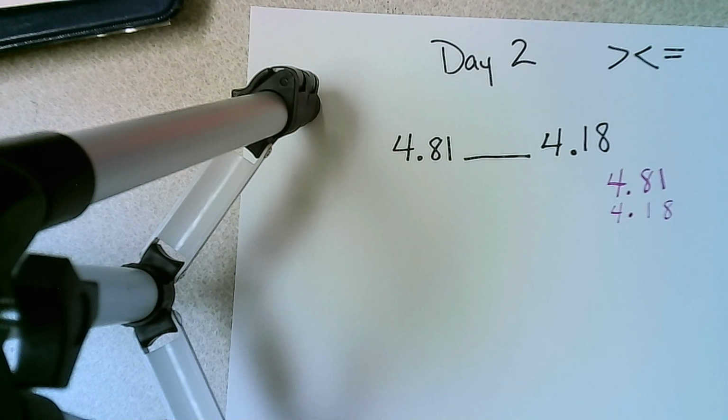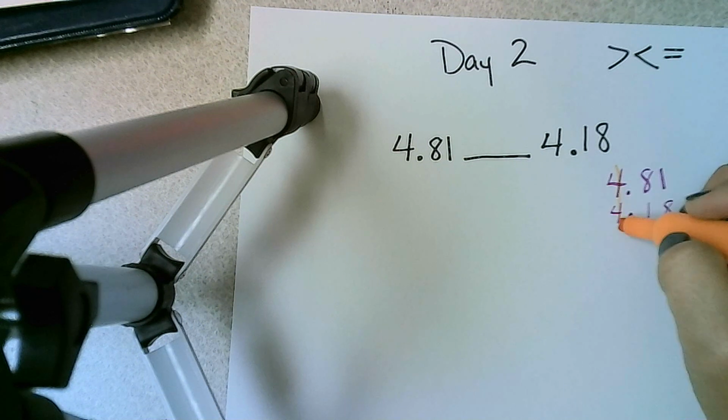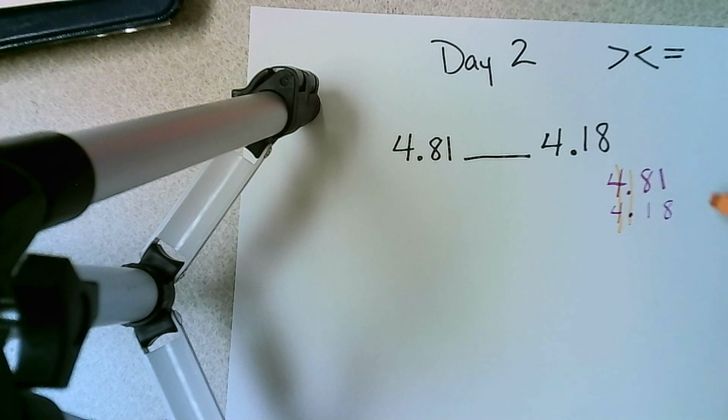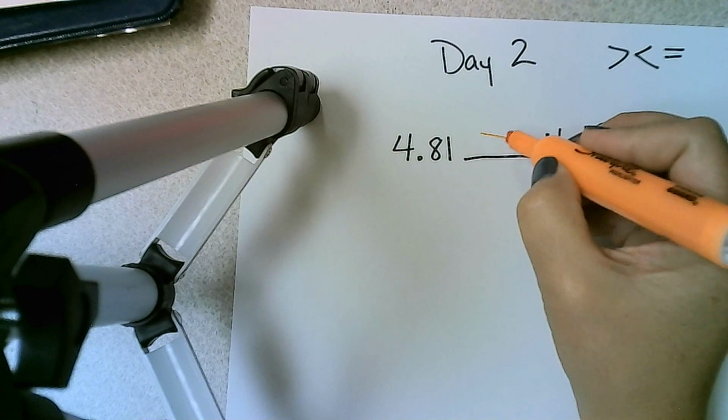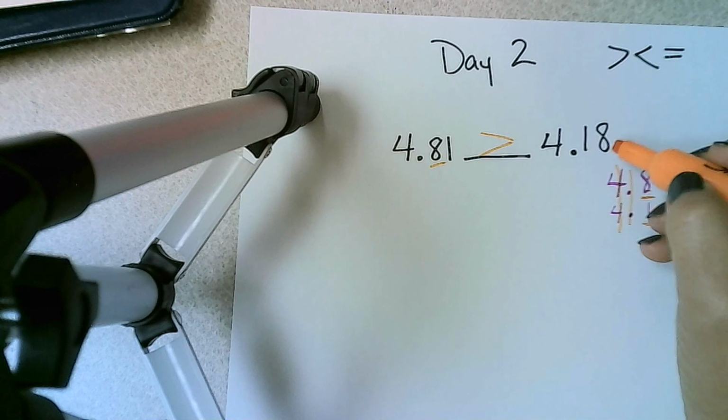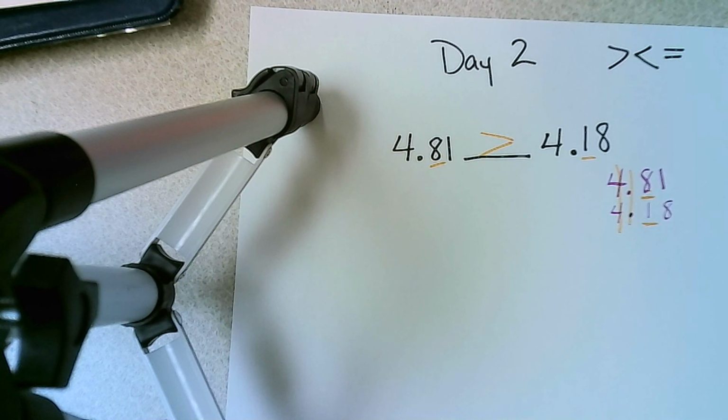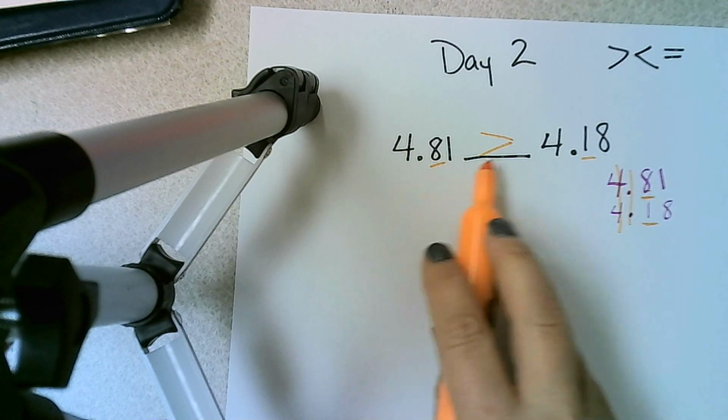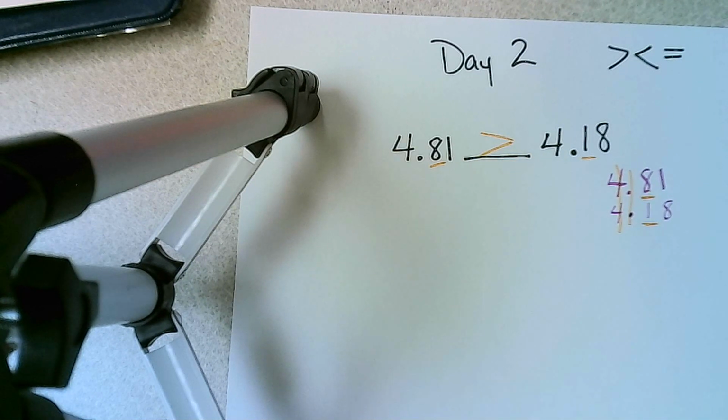Then you just go through. 4 and 4 is the same. Decimal is the same. Right here is the first one that's different. The 8 is larger than the 1. So the 1 with the 8 is larger than the 1 with the 1. So 4 and 81/100 is greater than 4 and 18/100.